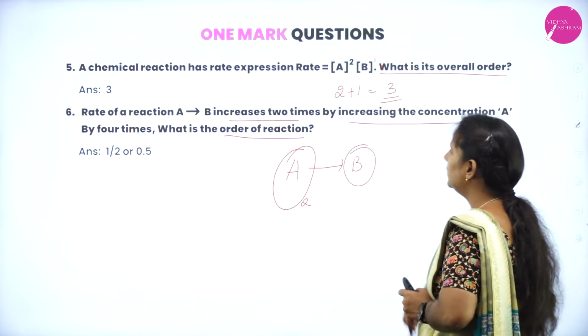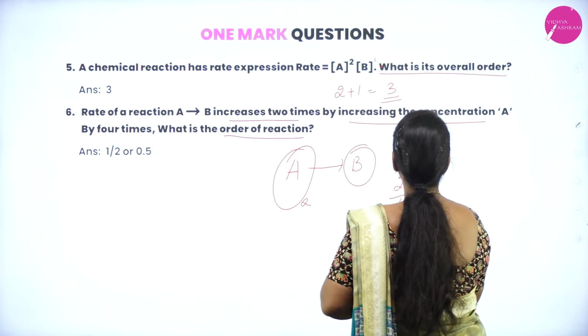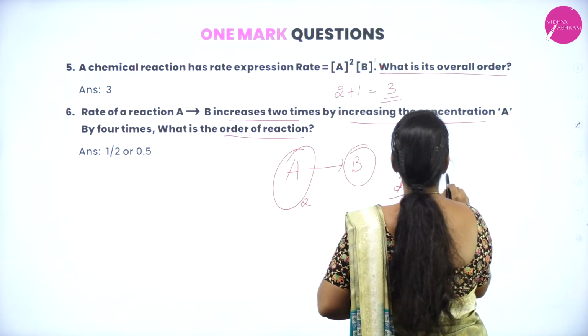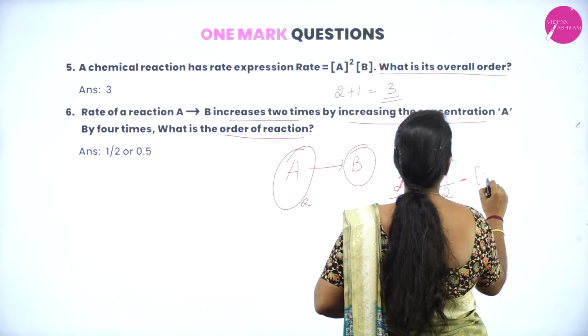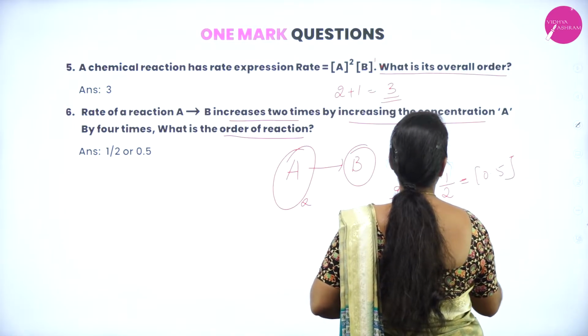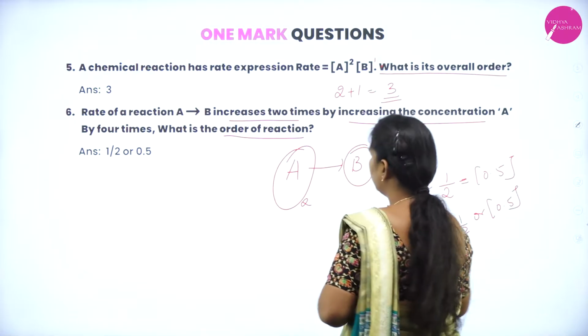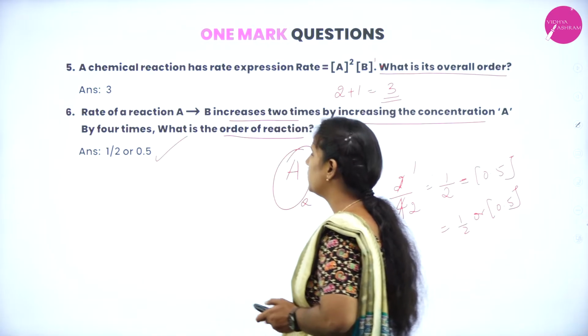So it is 2 by 4, which is 1 by 2, and you can clearly say that it is 0.5. So this is the answer.